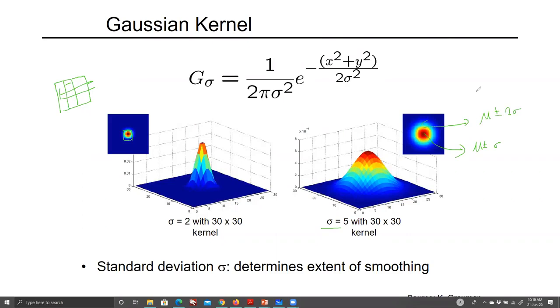The light blue is mu plus minus 3 sigma, and the blue one is everything apart. Most of the points in red, yellow or some in light blue are going to get averaged, but it is a much bigger area compared to this one. So it will average out more points and create a much blurrier effect.